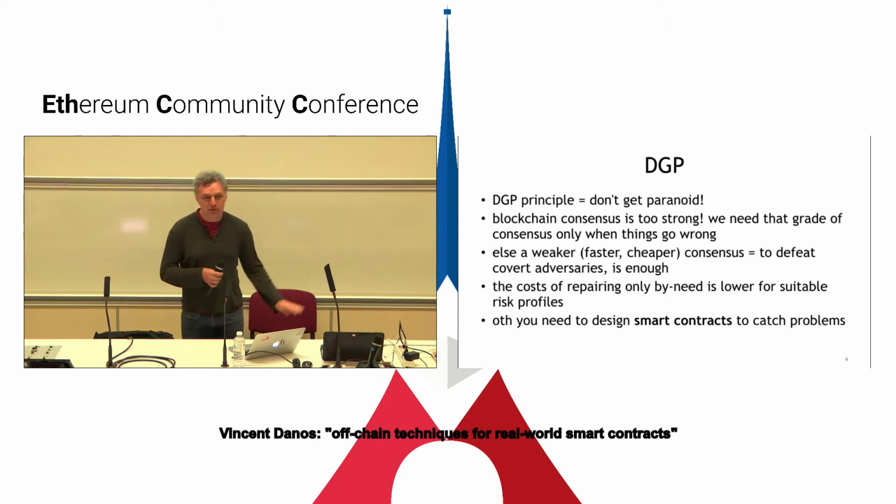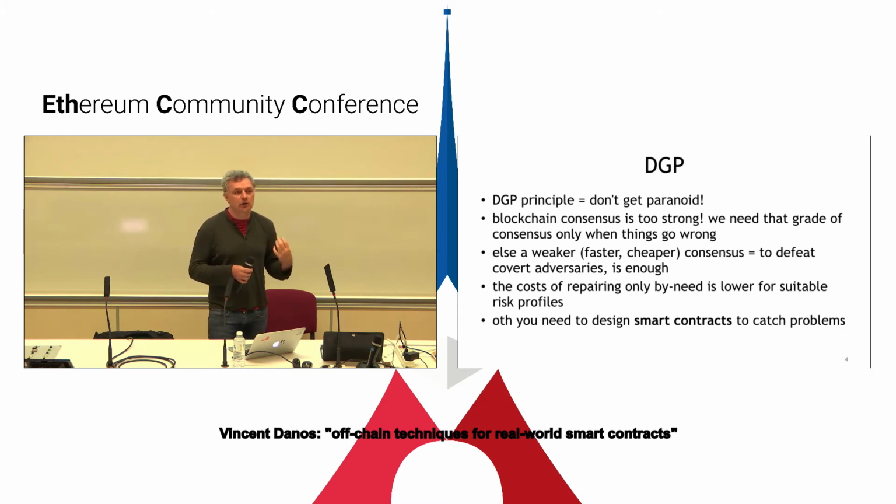I refined that idea. So when is that a useful way to think about things beyond that particular example of someone selling data to someone else? Well, the idea is that it's for a certain type of risk profile. You can run a contract off chain, so the story goes.